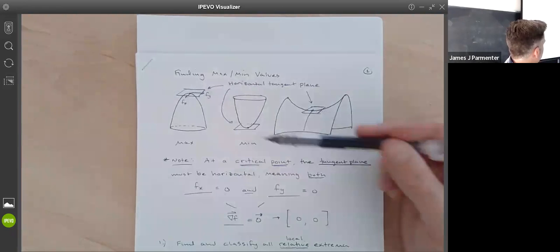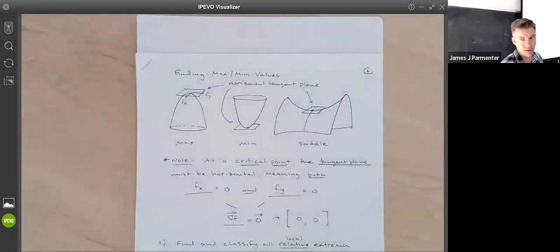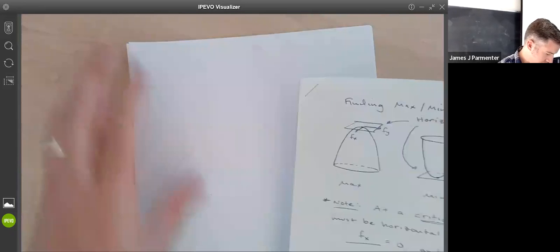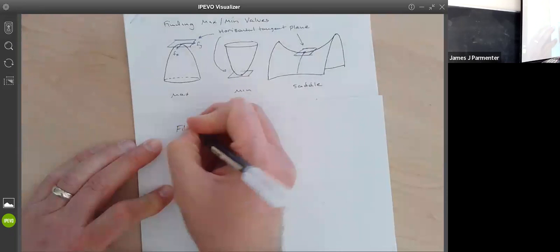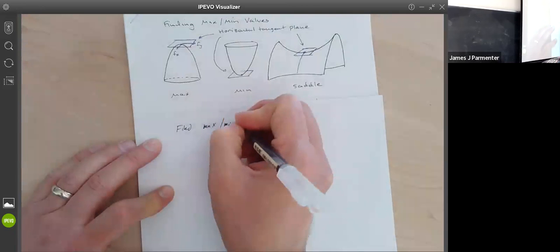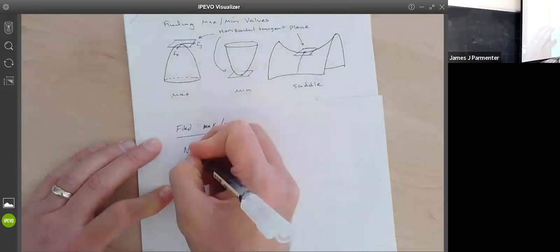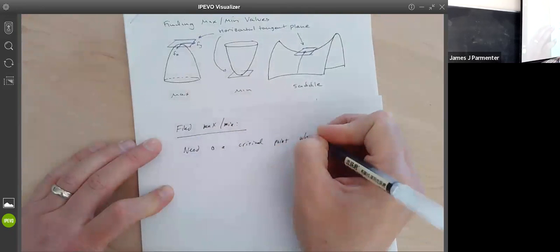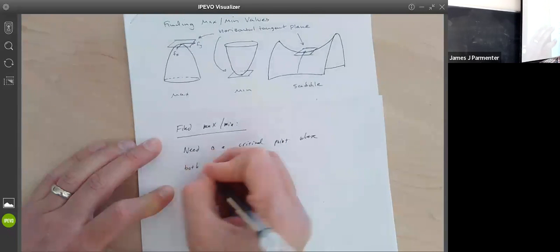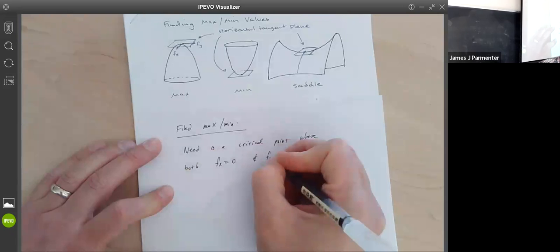If we're trying to find any of those things, and you don't need to draw these pictures, we need to find where we have a horizontal tangent plane, meaning the partial derivatives in both the x and the y direction have to be 0. So to find a max or a min, what we need is a critical point where both fx equals 0 and fy equals 0.